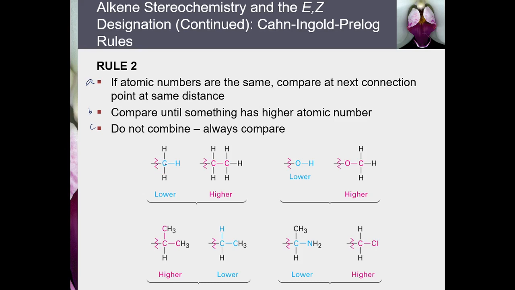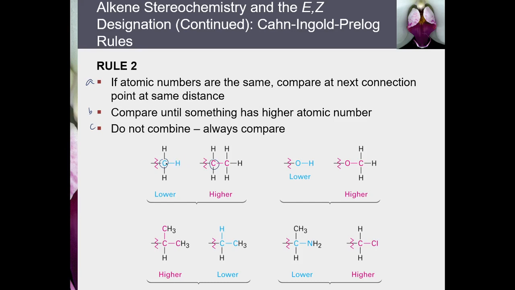So, yung scenario kasi dito is yung inyong substituents ay magkaparehas. Ito, may parehas kayong C. So, it means pantay yung inyong atomic numbers. So, sino yung magiging higher priority? Ngayon, you compare the next point of comparison.